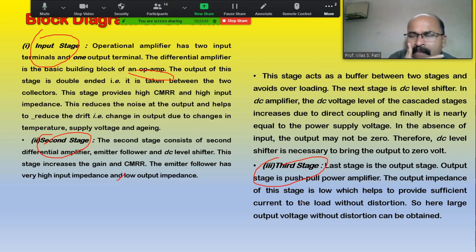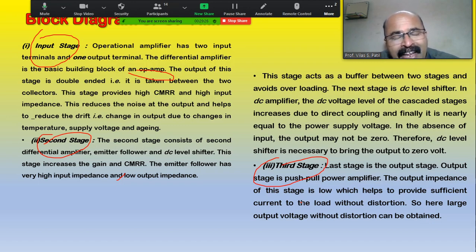Differential amplifier ला दिलेलं आहे. म्हणजे इथं काय आहे बघा, इथं आपण CMRR जास्त असणारा, इनपुट इम्पेडन्स जास्त असणारा, डबल एंडेड इनपुट अँड डबल एंडेड आउटपुट असा असणारा ऑपरेशनल एम्प्लीफायर, दॅट इज द बेसिक operational amplifier which is operated according to constant current source. It is connected in this block diagram and it is the input part of the differential amplifier. This reduces the noise of the output and helps to reduce the drift.